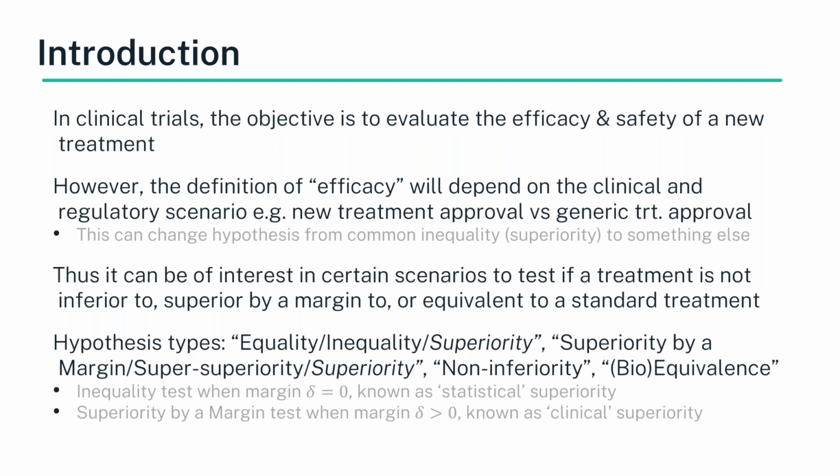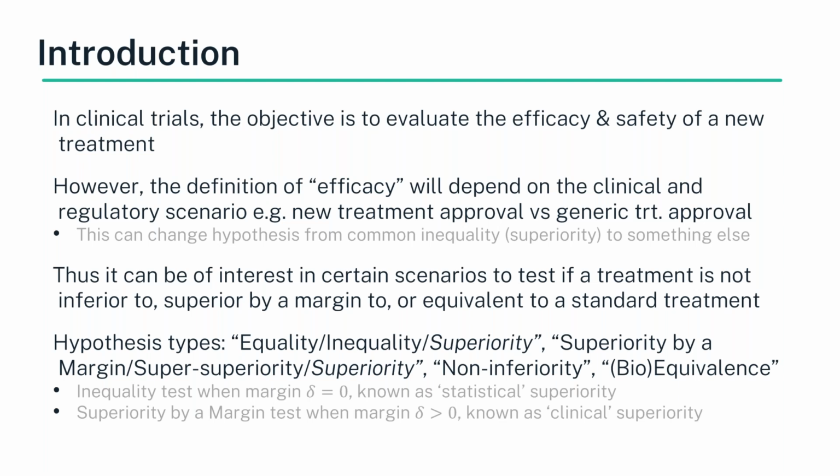So in clinical trials, the objective is usually to evaluate efficacy and safety of a new treatment. And a hypothesis is formed based on these primary study objectives. A hypothesis is a statement about the effectiveness or the safety of this new treatment in the population of interest, which defines which of the study variables are considered the primary clinical endpoint.